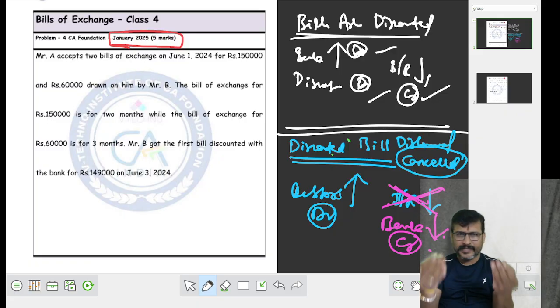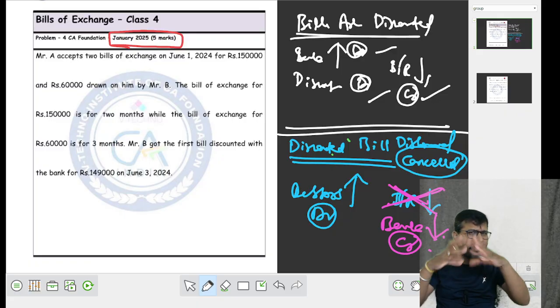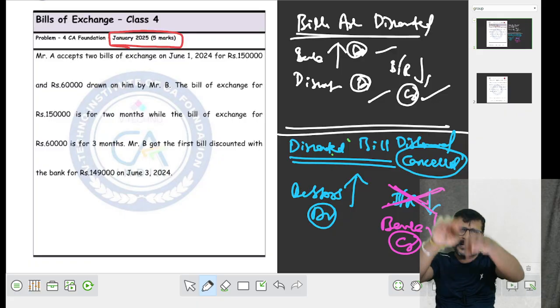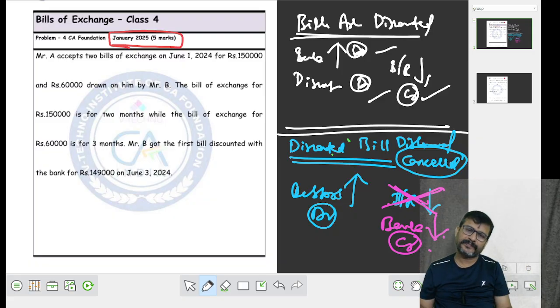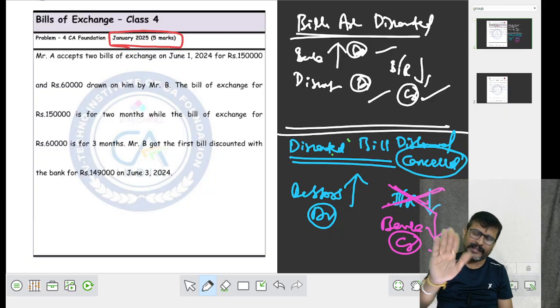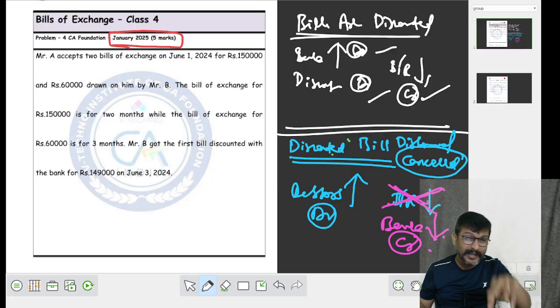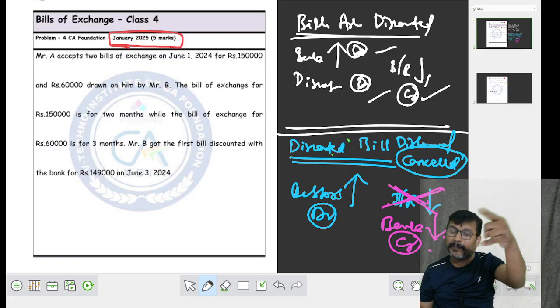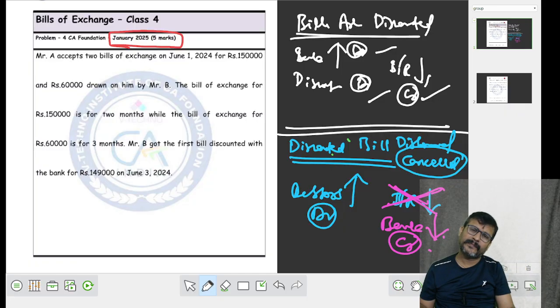Bills are discounted. When the bills are discounted, your bank balance will increase. There is a discount, it is to be debited. BR decreased, that is to be credited. And after discounting, if that discounted bill is dishonored, what to do?